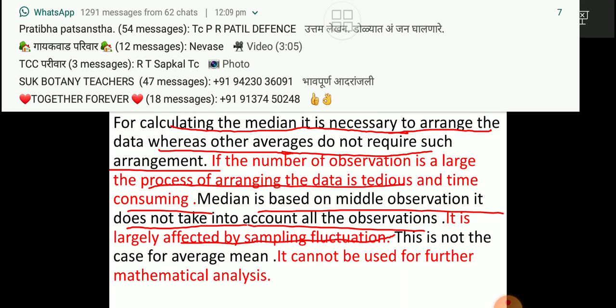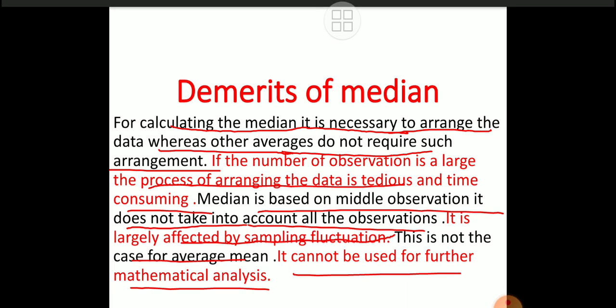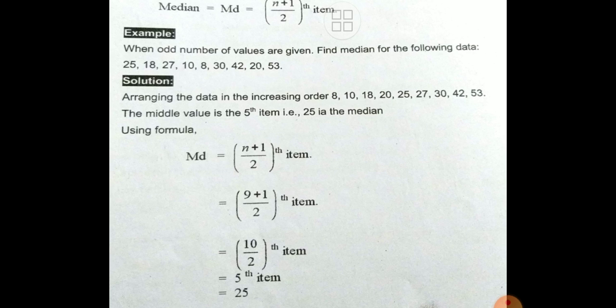This is not the case with the arithmetic mean. And another most important demerit is that the median value cannot be used for further mathematical analysis, because the median value does not have that much correct value. So that is the demerit of the median.